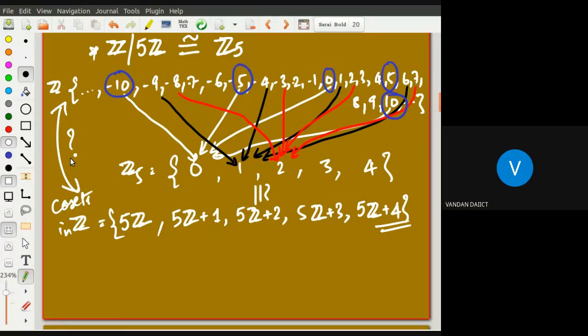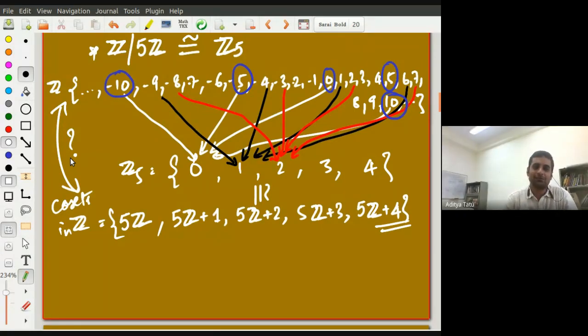Yes, sir. It is onto. I mean, it's just logical that cosets partition the original set. All I'm doing is taking an element and putting it in the right coset. Therefore, since this mapping is defined on the entire original set, this mapping has to be onto.